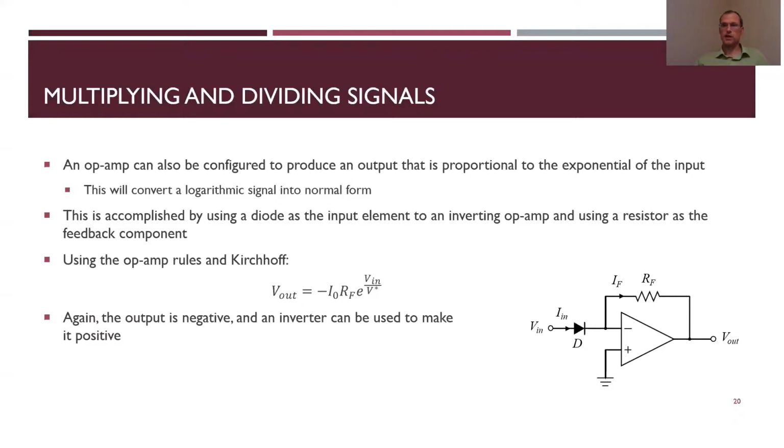So as I said, if I'm feeding it a logarithm, it's going to give me back that initial form. Again, using the same rules and same procedure, you can find the V out for this one is related to the exponential. So that's why it converts to exponential form. Again, minus sign here, want it to be positive, use the inverter to do that.